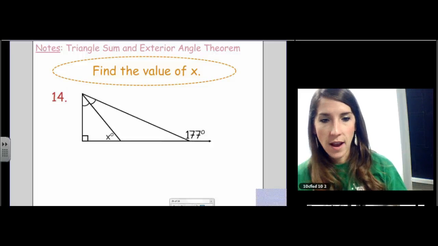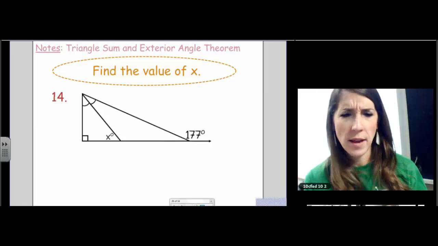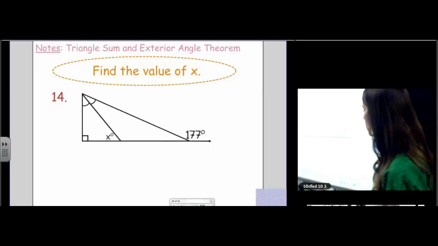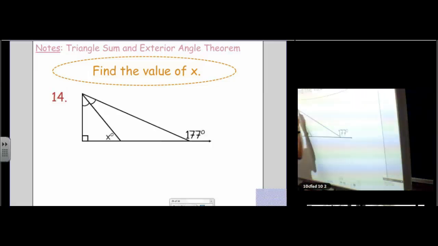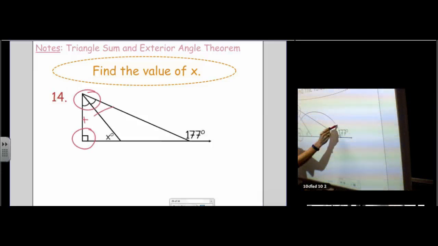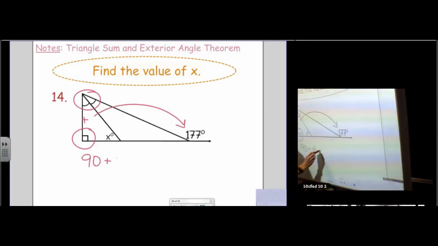I would start by finding, well, there's a couple ways you could do it. There's a lot of things you could do on this problem. If we wanted to use our theorem, then this plus this equals 177, right? So 90 plus something, I'll call it y, equals 177.